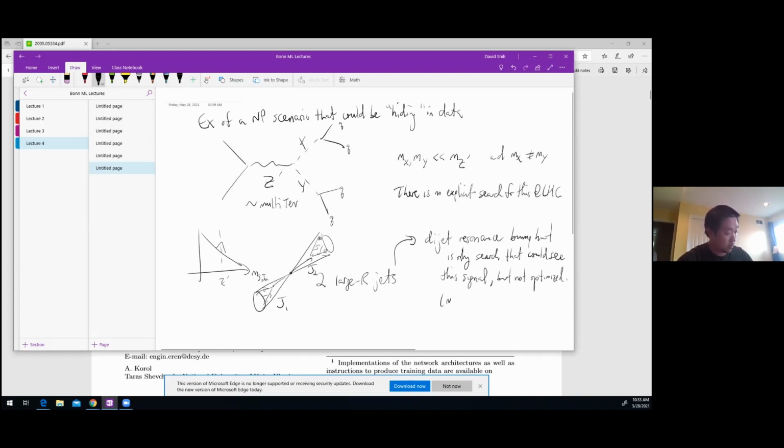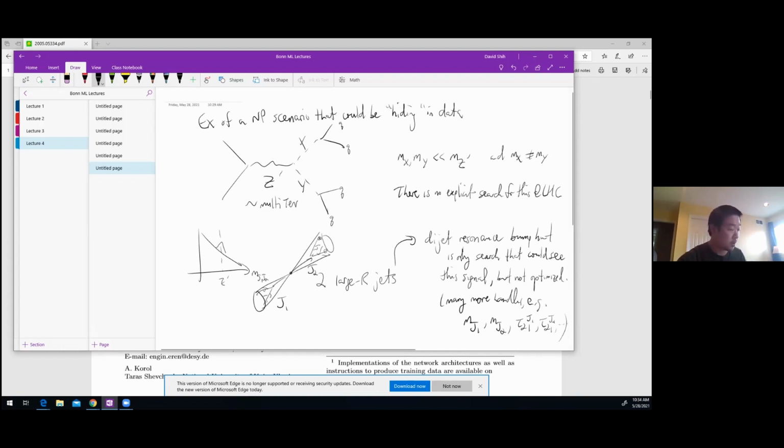So there's many more handles. For example, you know, the mass of the X, the mass of the Y. Oh, sorry, I should write them in terms of the things you can actually see, like the mass of jet 1, the mass of jet 2, the two-pronged substructure of jet 1, two-pronged substructure of jet 2, etc.